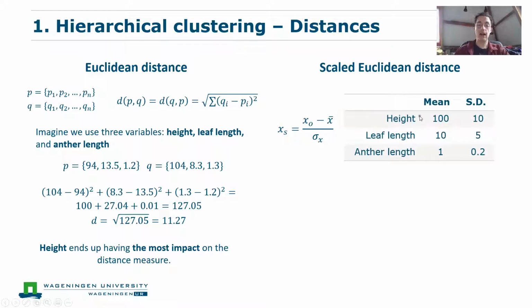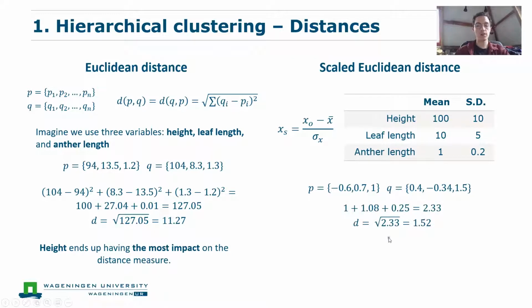Now let's imagine that height has an average of 100 and standard deviation of 10, and leaf length an average of 10, and anther length an average of 1, and with their standard deviations. If we would apply this formula to the numbers that we have just seen, we would obtain instead these numbers. And if we calculate the distance now, we can see that the 3 variables are giving more or less similar contributions to the final distance.